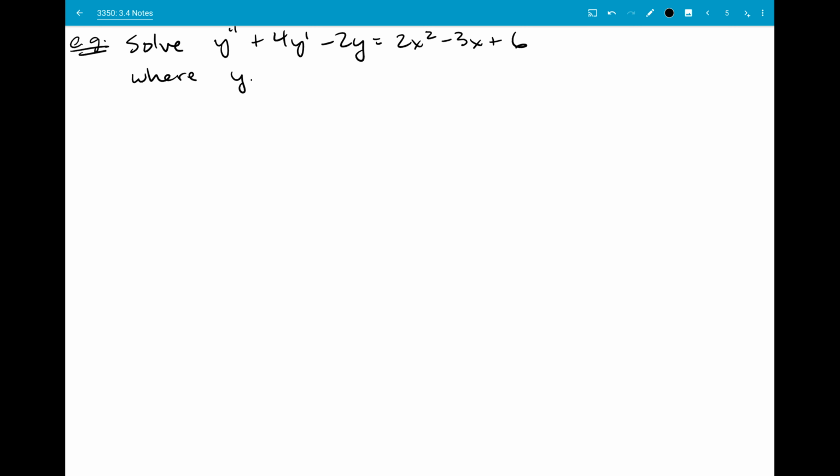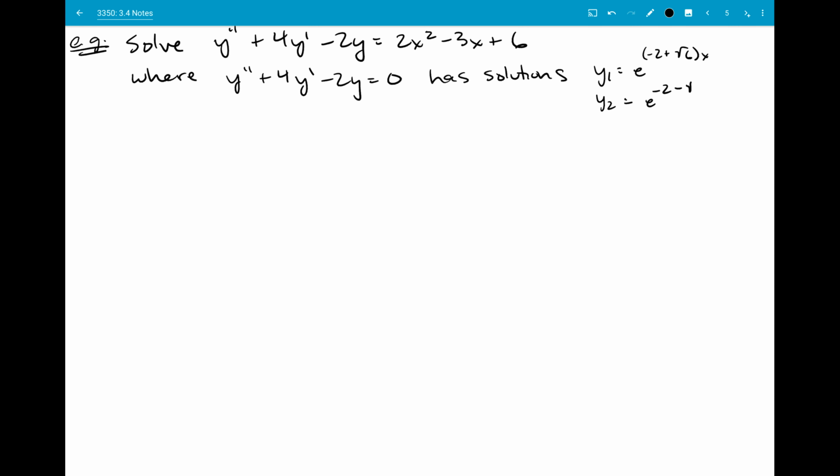And I'm just going to say up front that if we went ahead and solved y double prime plus 4y prime minus 2y equal to 0, we would have solutions y equals e to the (minus 2 plus root 6) x, and y equals e to the (minus 2 minus root 6) x.